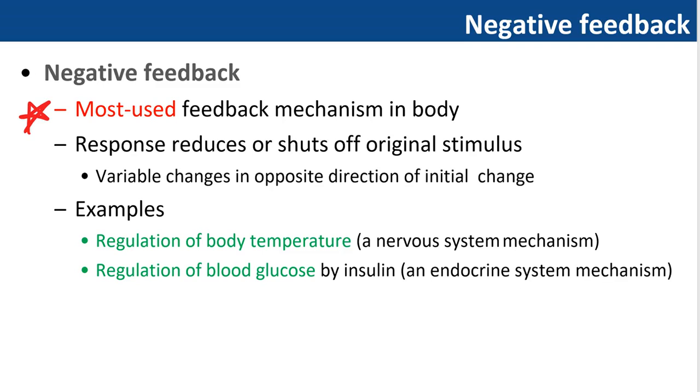A good example of a non-biological negative feedback mechanism is a home heating system connected to a thermostat. In this situation, the thermostat contains both the receptor and the control center. If the thermostat is set at 68 degrees Fahrenheit, the heating system will be triggered on when the house temperature drops below that setting.